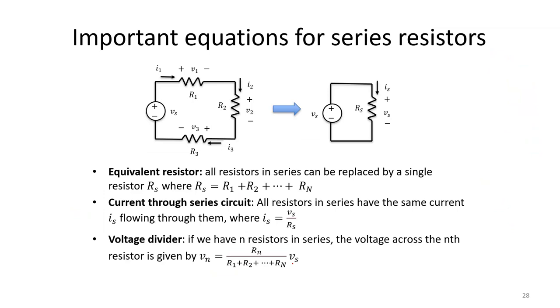That leads us to some important equations. So first important equation. If we have a list of resistors in series, such as R1, R2, and R3, we can replace series resistors with a single equivalent resistor, where in this case our equivalent resistor Rs is given by the sum of the series resistors.